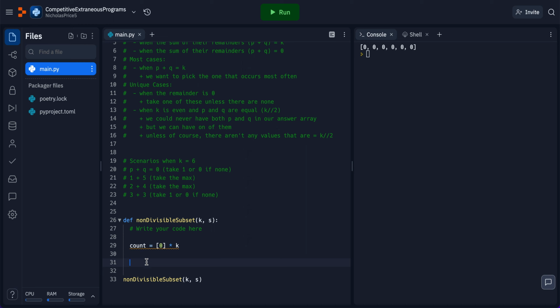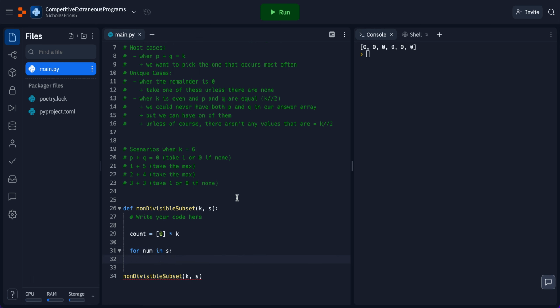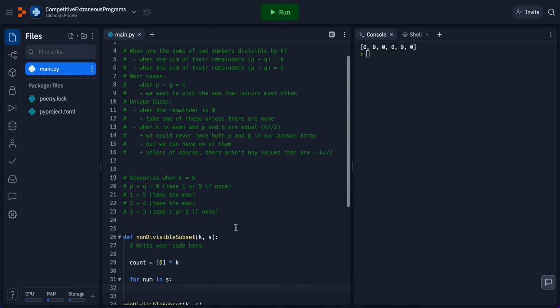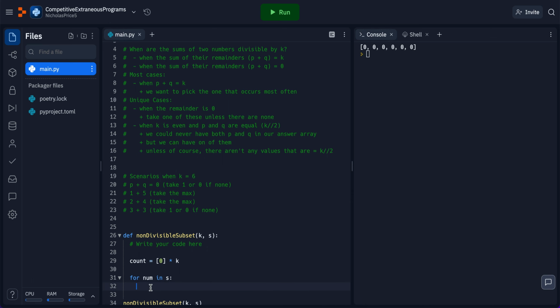So to write that programmatically, we would do a for loop for our num in S. And hopefully, if you're doing a medium rated Hackerrank problem, you understand that that represents each number in our array S. And we can define a variable. This part isn't really necessary, it's just good for clarity.